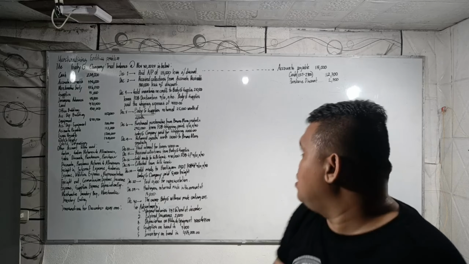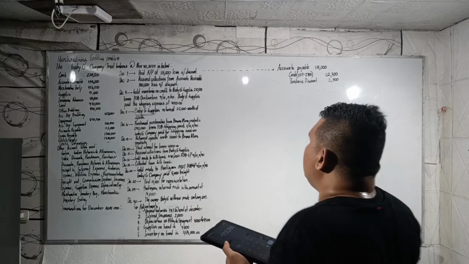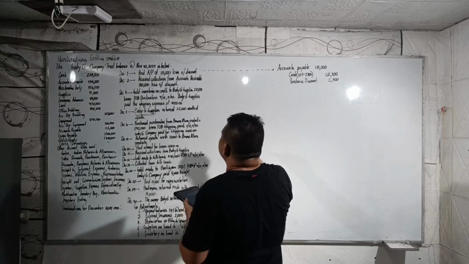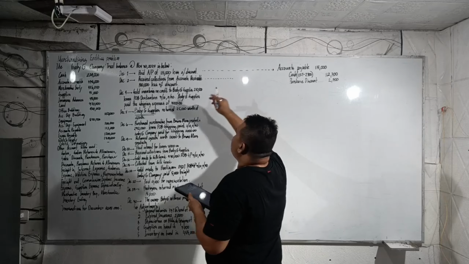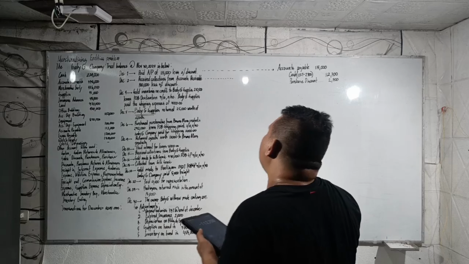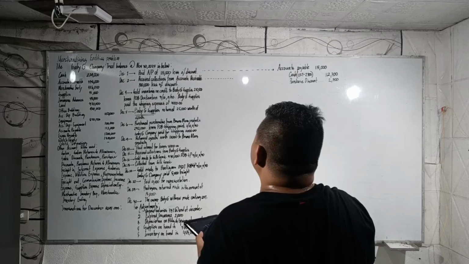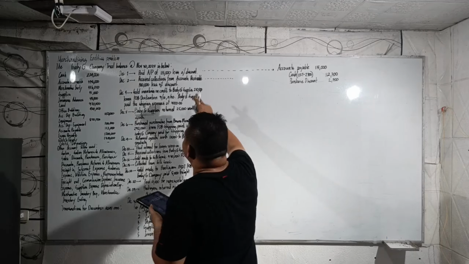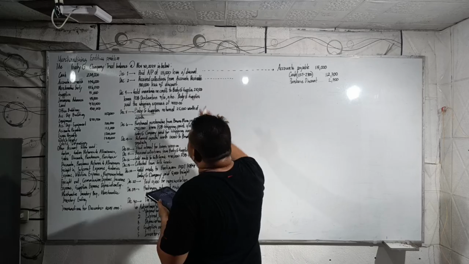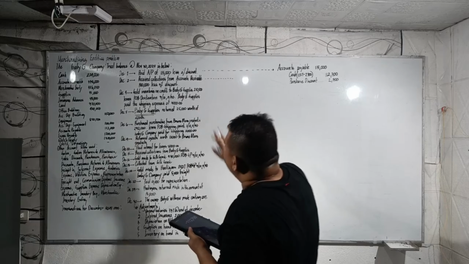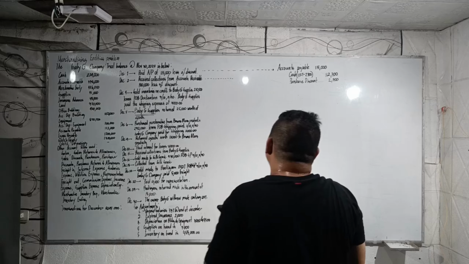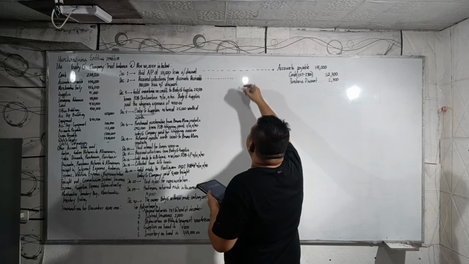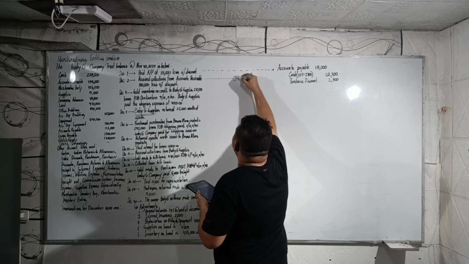Now let's go for December 2. On December 2, you have received collections. Since here we're talking about accounts receivable, that means our point of view is that we are the seller. If we are the seller and we have sold on account, we are going to receive such collections. Of course, you'll receive cash.